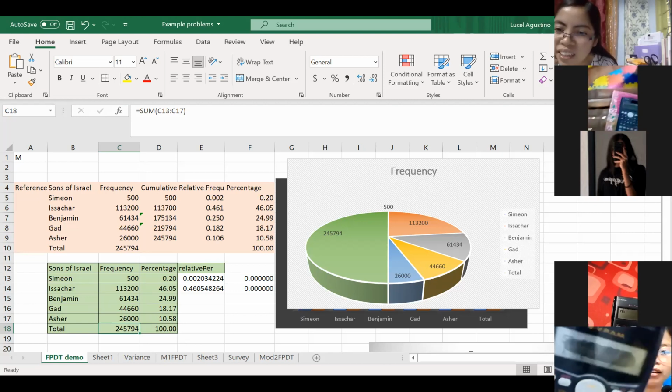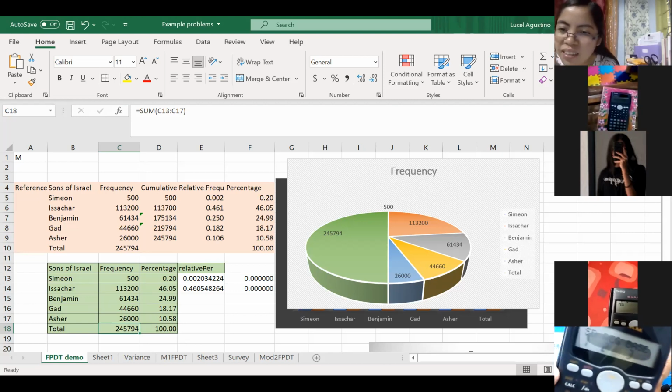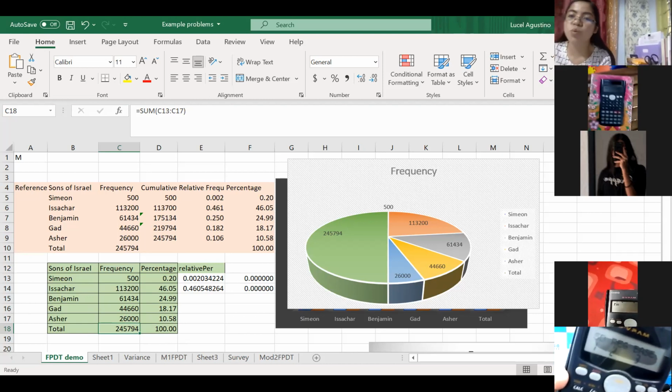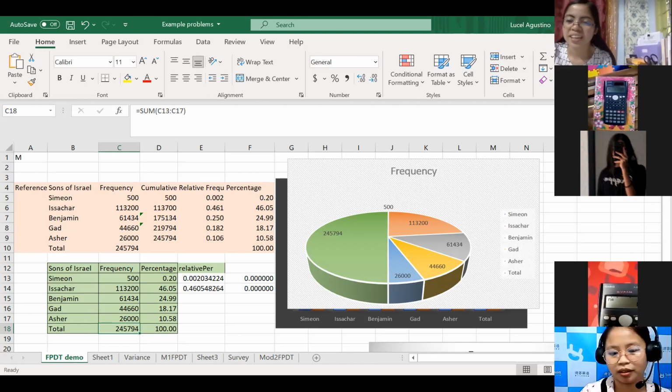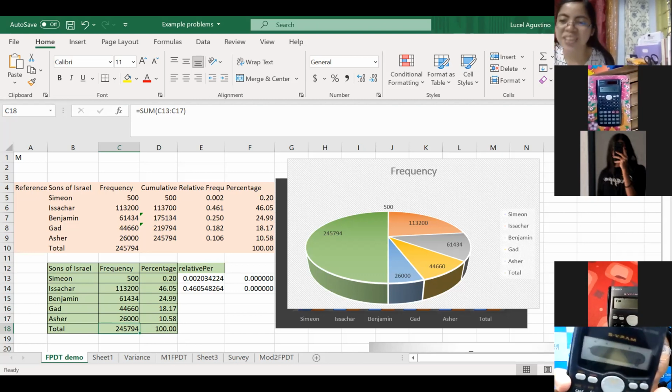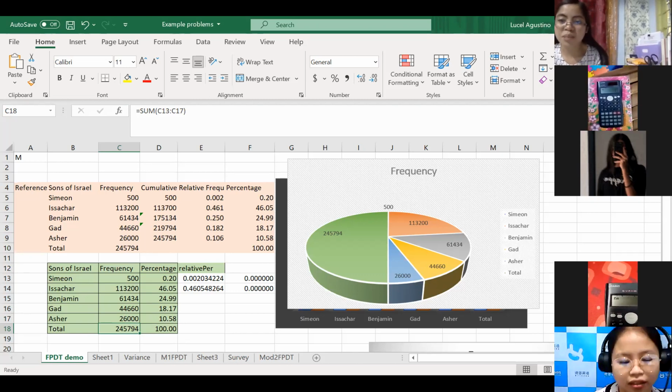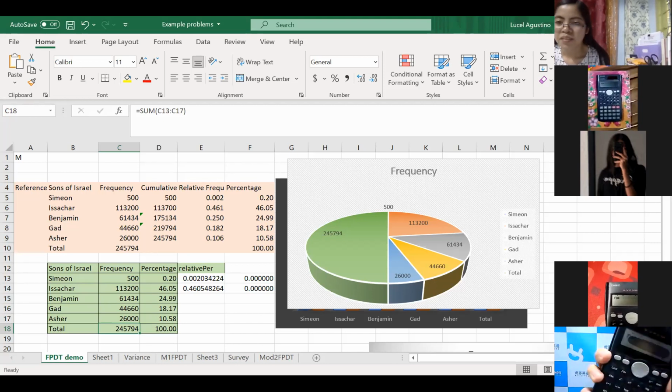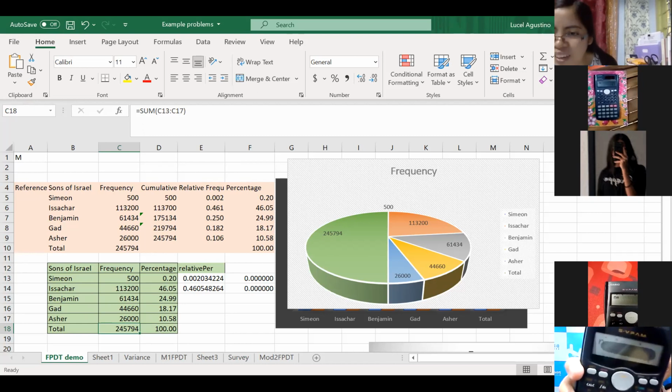SD? May SD? Ano siya? SD. Press 1. Press 1. Okay na, miss. Okay. So, i-try encode ang 500 tapos M+. Okay. Okay na siya nag-1 na.